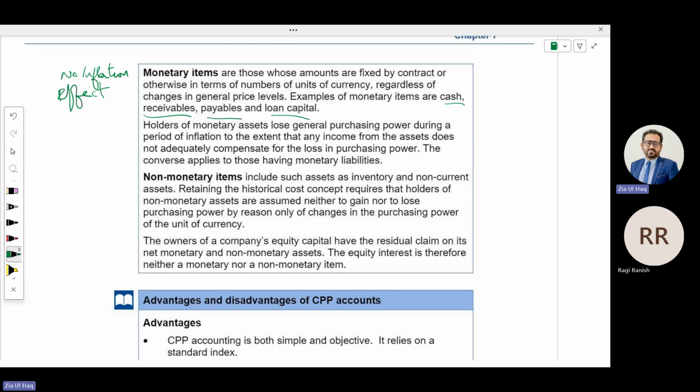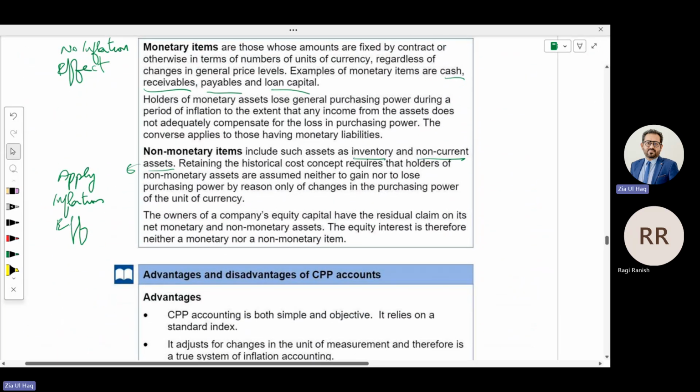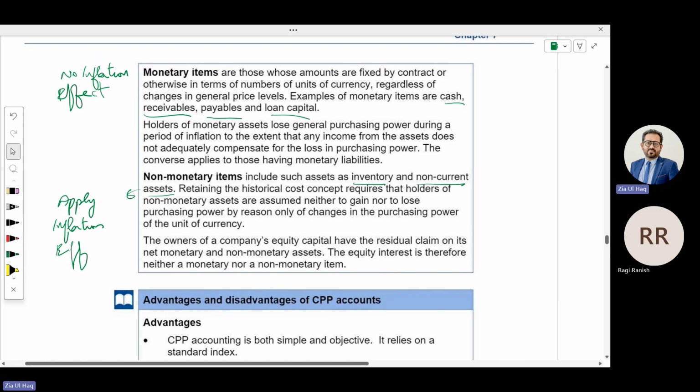While for non-monetary items such as inventory and non-current assets that physically exist based on quantity, we need to apply the inflation effect. When using CPP costing, we apply the inflation effect on non-monetary items like inventory and non-current assets, but we do not apply the inflation effect on monetary items like receivables, payables, and loans.